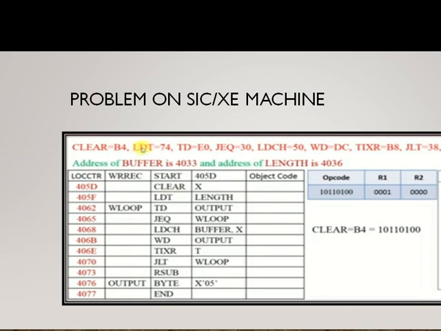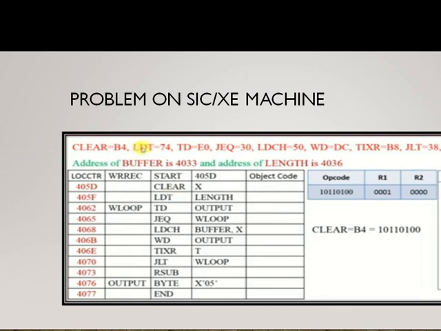We have the mnemonics and numbers table where the registers and the register values are placed. For CLEAR, the opcode is given as B4. B4 is written in binary as 10110100. This B4 is written in the opcode space, which is 8 bits, so all these bits fit in this opcode section.